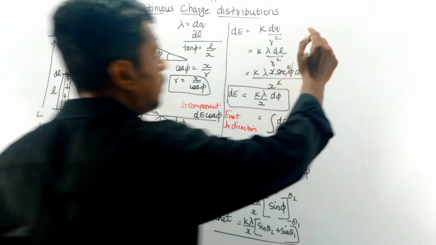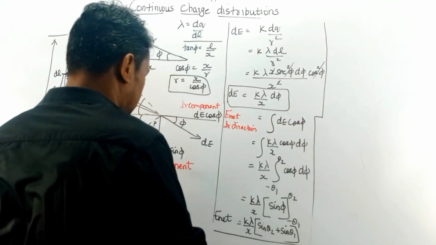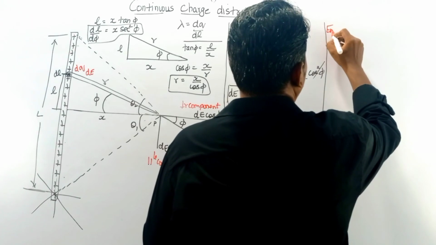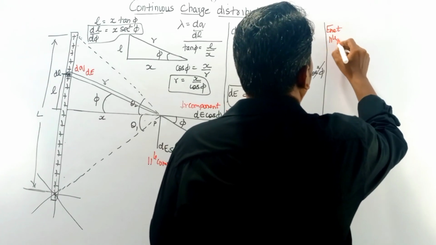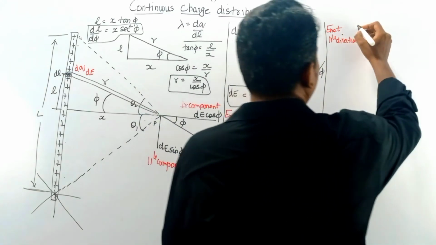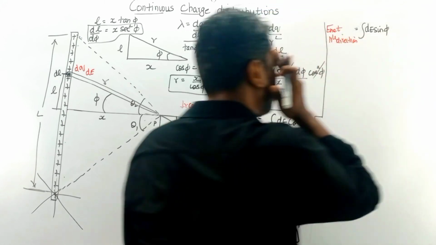Okay, fine. So now I'm going to find the net electric field in your parallel direction. That could be found by integrating the parallel component, dE sin phi.